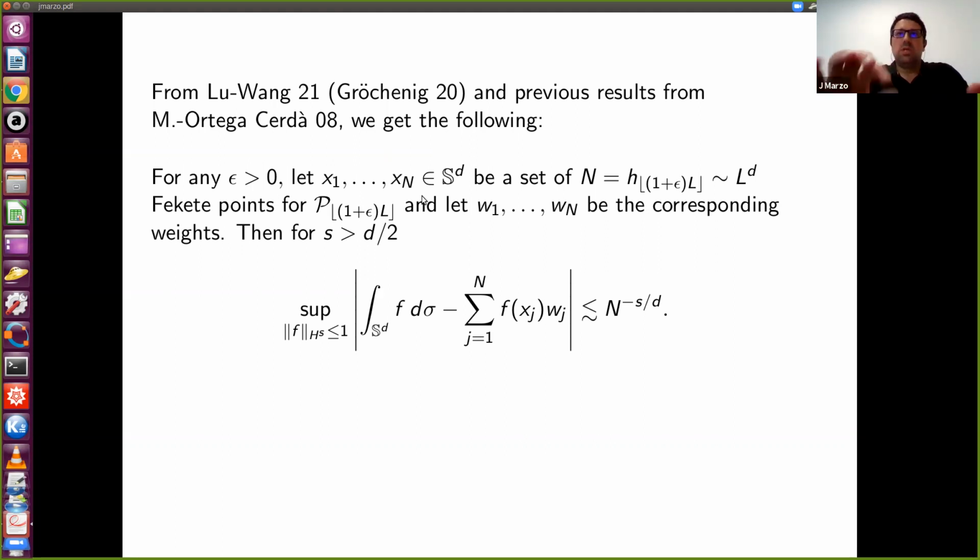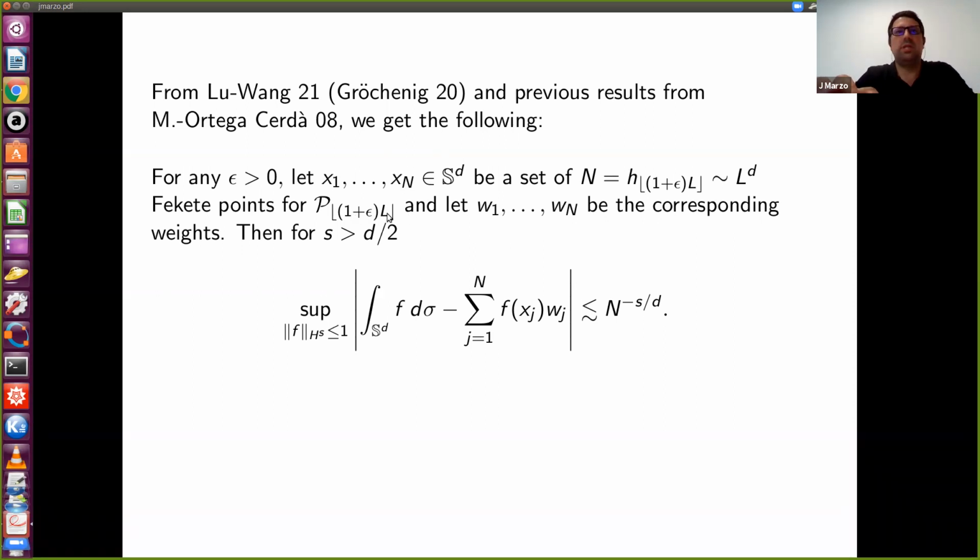Well, there's a small technical detail here, so we cannot deal with HL. I have to enlarge a little bit this space, and I'm going to take epsilon. And I take this x1 to xn, a set of n Fekete points, but now not for HL, not for PL, but for P, floor of 1 plus epsilon L, okay?